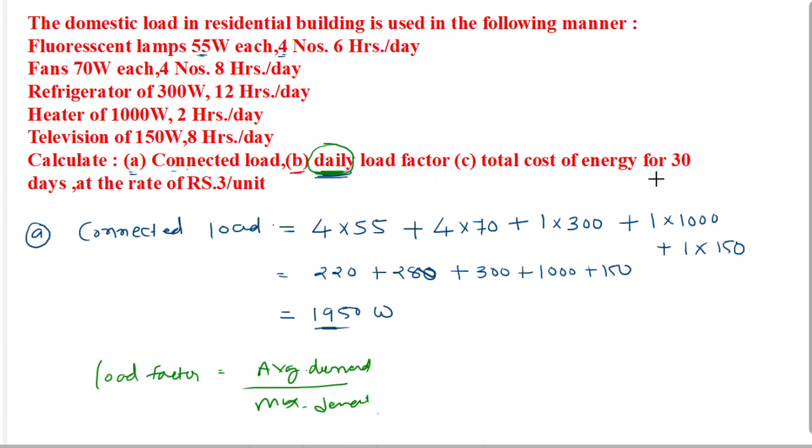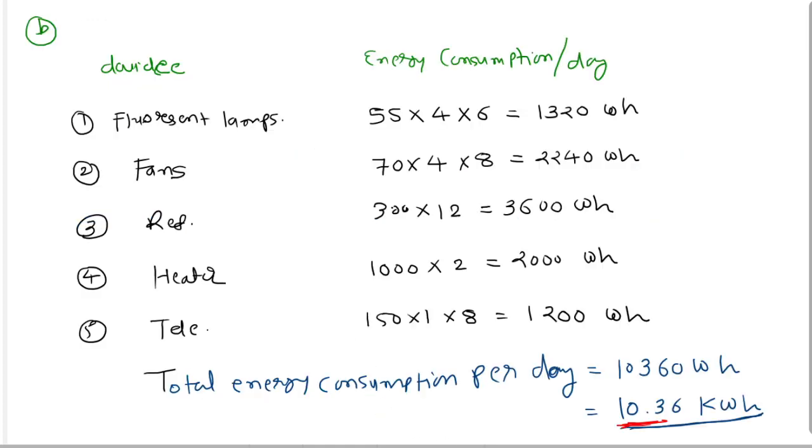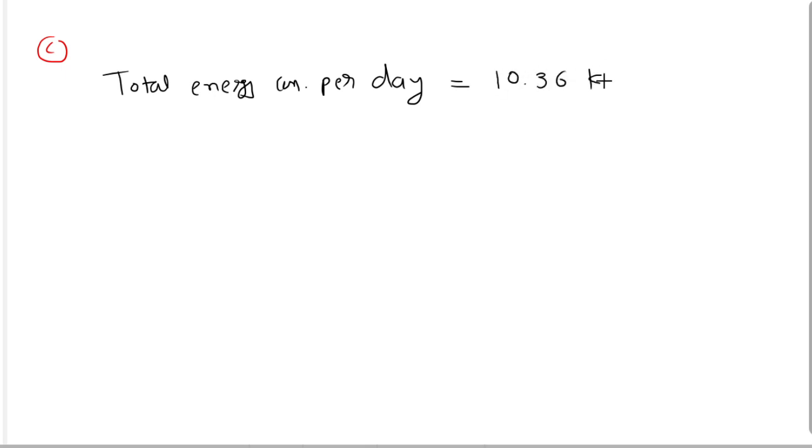Now the total cost of energy for 30 days at the rate of rupees 3 per unit. So the total cost of electrical energy for 30 days at the rate of rupees 3 per unit. Total energy consumption per day, we already found, is 10.36 kilowatt hour.